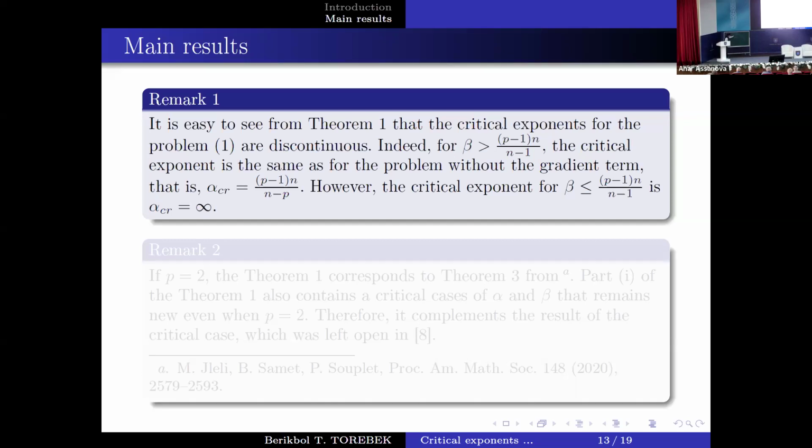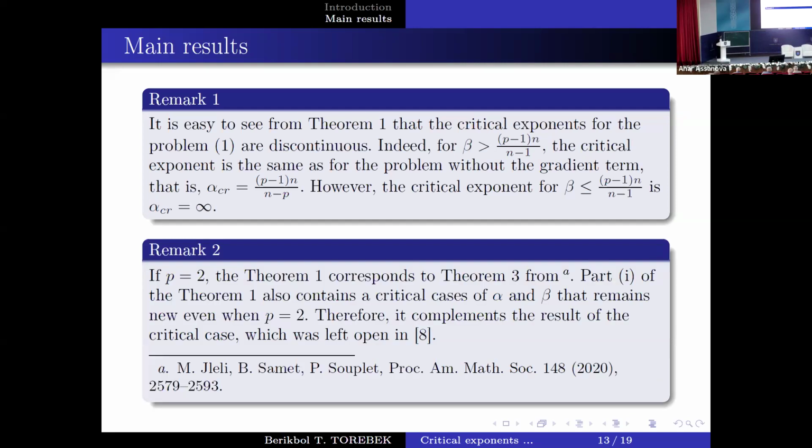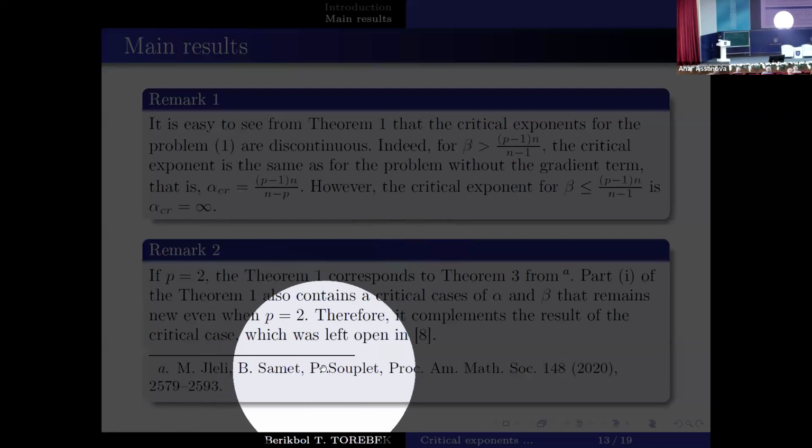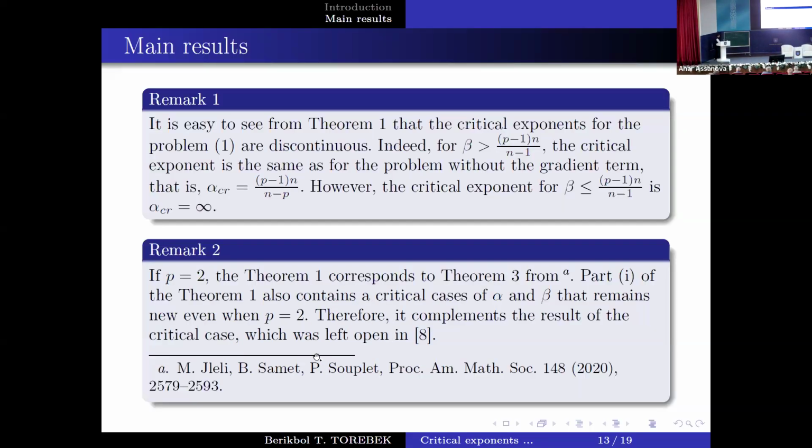And if alpha is greater than this number, then we have a global existence result. In the second case, if beta is less than this number, for any alpha, there is no global in time positive solution of this problem. From here it also follows that if p equals 2, then our theorem completes the results from this paper, Gilelli, Samet, Souplet, in the critical case.